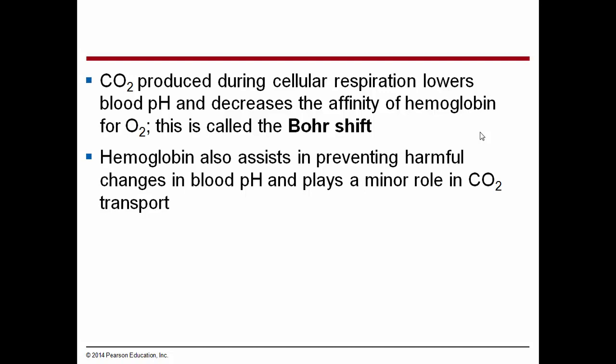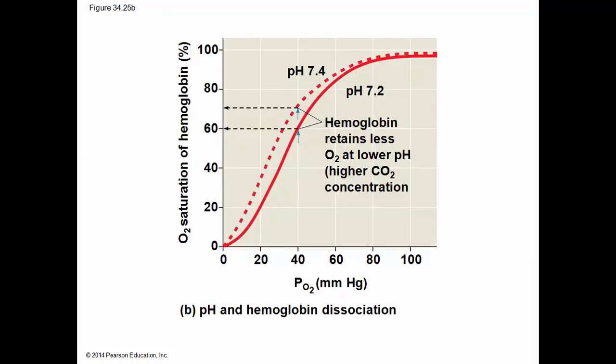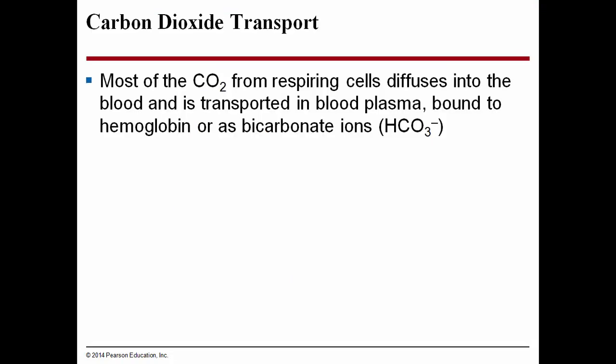So if it decreases the affinity of hemoglobin for O2, it means that hemoglobin is going to release more oxygen. Hemoglobin also assists in preventing harmful changes in blood pH and plays a minor role in CO2 transport. Most of the CO2 from respiring cells diffuses into the blood and is transported in blood plasma as bicarbonate ions.